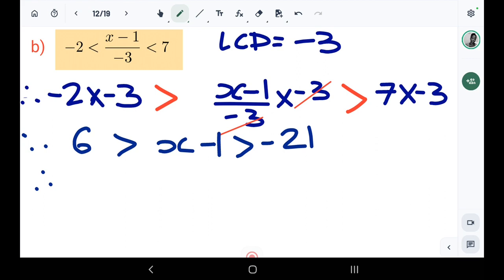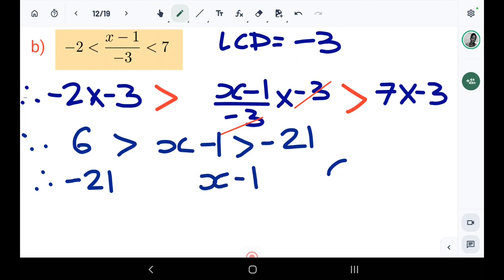Now, what you can do next is you switch these around. You take everything on the right-hand side to the left-hand side, take everything on the left-hand side to the right-hand side, and you switch the inequality sign. So the -21 is now going to be on the left-hand side with your x minus 1, still in the middle, and the 6 on the right-hand side.